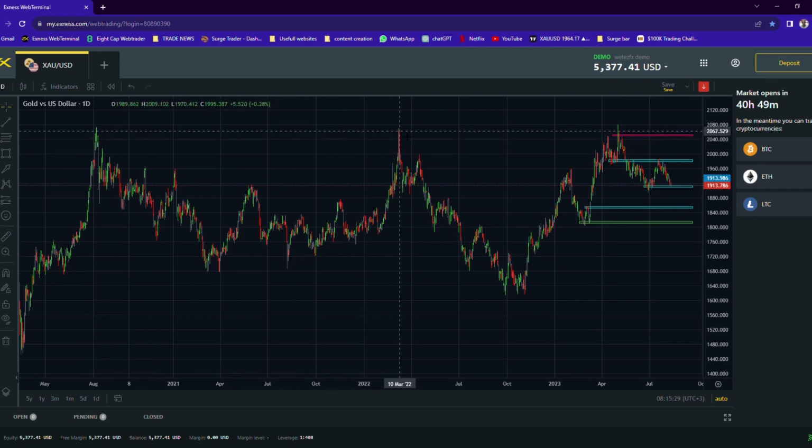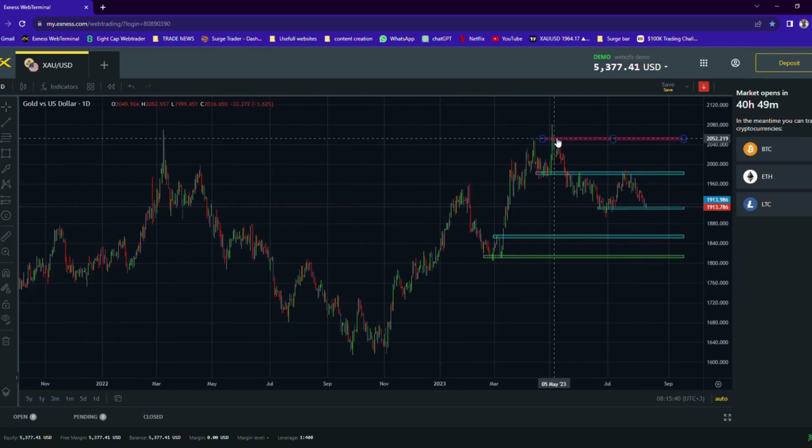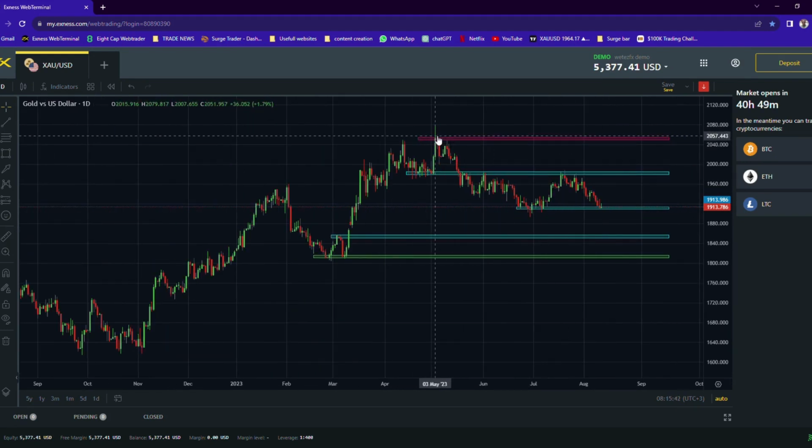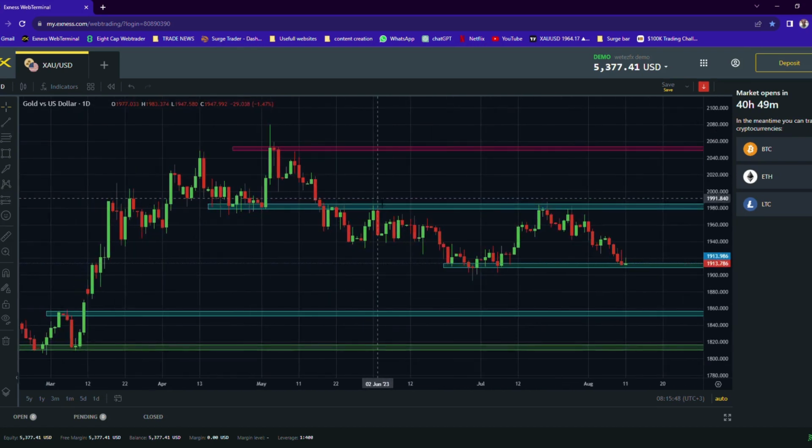Again, it came back to the same resistance in 2022, and then in 2023 May, we are back at the same resistance. So this is exactly the point where you want to start your big move, to either break to the upside or pull back to the downward side. And in this case, it was a move to the downward side.